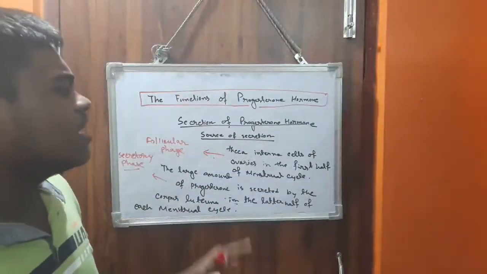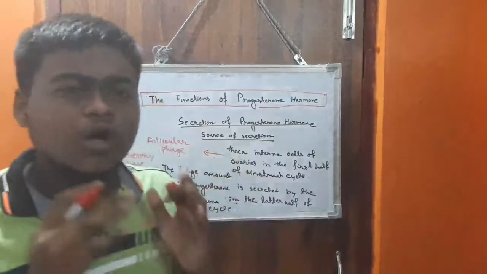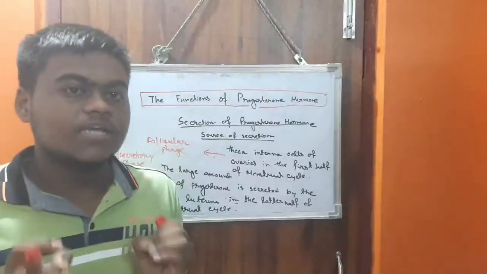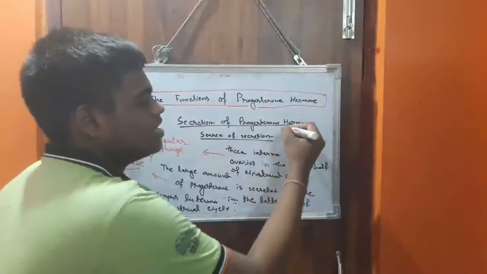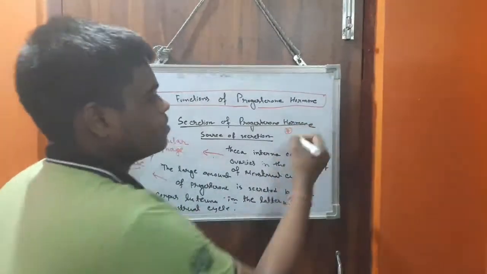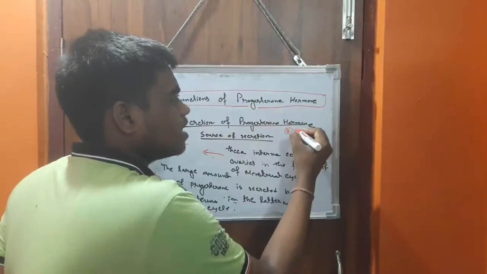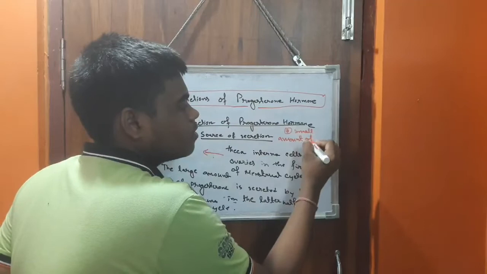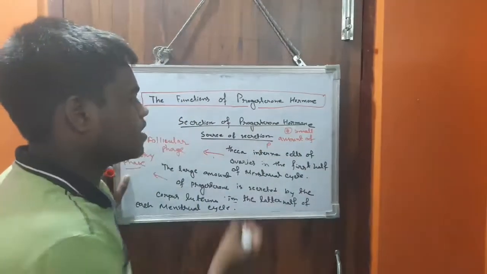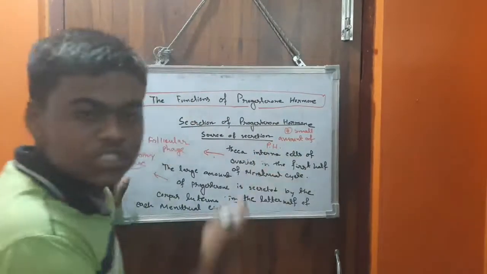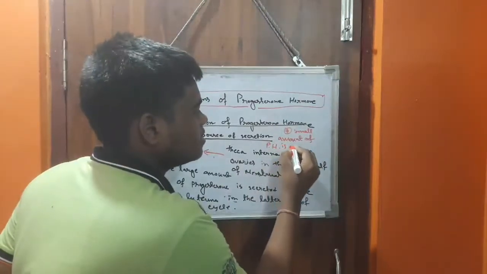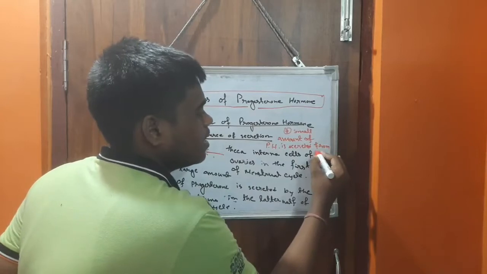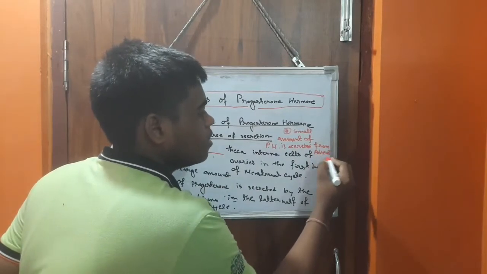Besides that, a small amount of progesterone is secreted from the adrenal gland, that means the adrenal cortex. You can note this point: a small amount of PH, progesterone hormone, is secreted from the adrenal cortex.